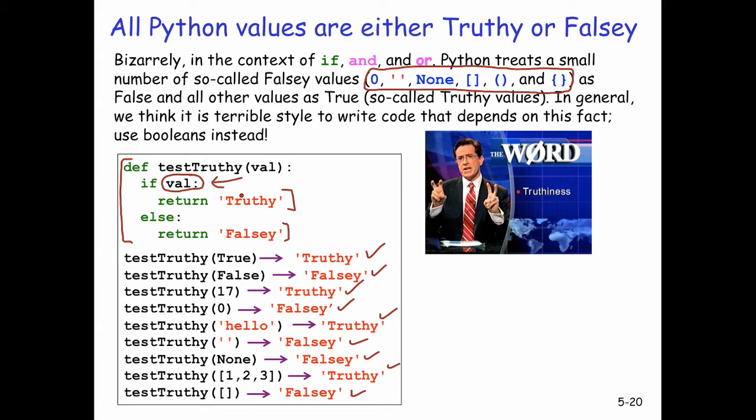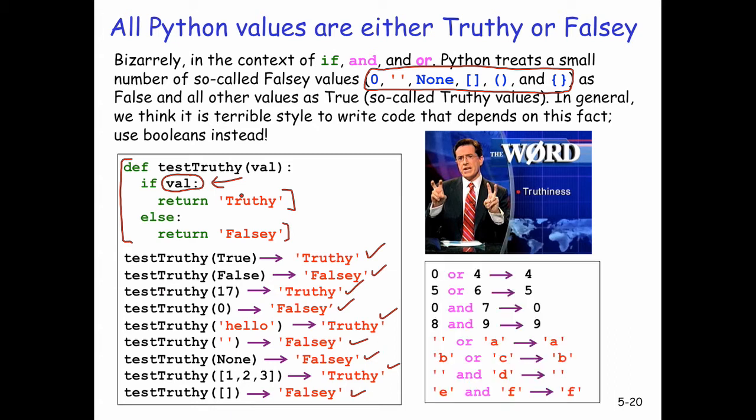While we're talking about this topic, let's talk about what these values do in the context of or and and. This is also quite confusing, but you might see it in practice, so you should know what it does. If you have an or that begins with a falsy value, such as 0, it always returns the result of the right operand.